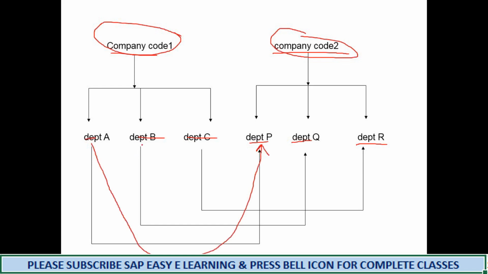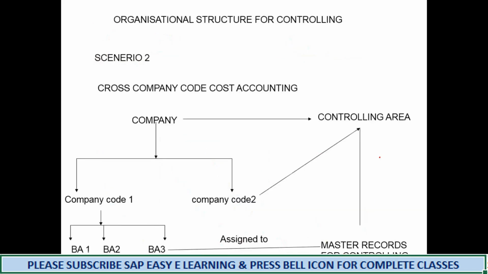Similarly, we can compare Department B of company code 1 with Department Q of company code 2, and Department C of company code 1 with Department R of company code 2. At the company code level you can compare the performance, and at the departmental level also. That is the advantage of cross company code cost accounting.